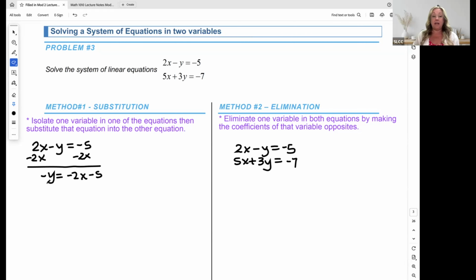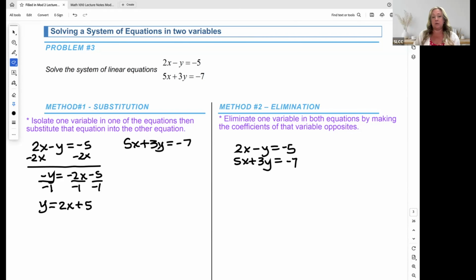Now we need to divide both sides by negative 1. Divide everything by negative 1. That's going to give us the equation y equals 2x plus 5. And now I want to take that equation and put it into my other equation in place of y.